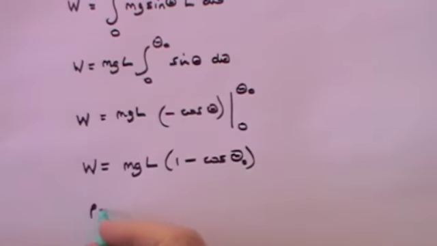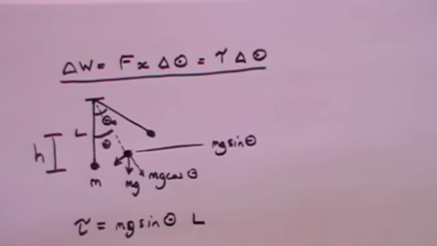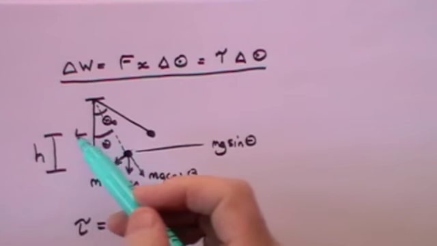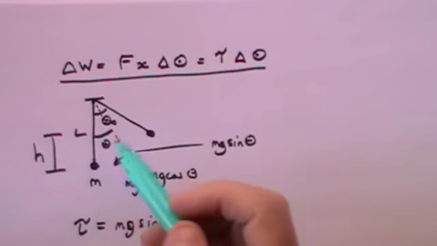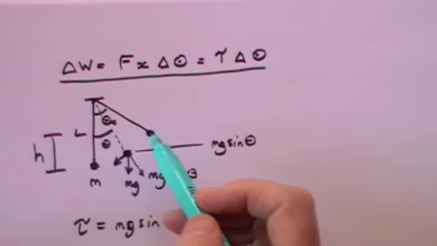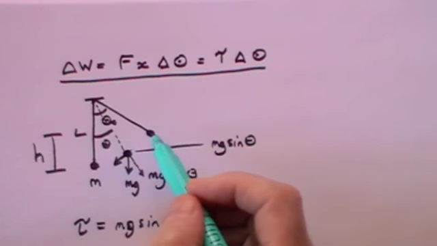The potential energy that mass now has, or the increase in potential energy to be precise, is mgh. And that's going to be mg into, well, what is h? h is the length of the rod minus this bit of the rod. And that bit of the rod is L times the cosine of the angle theta naught.